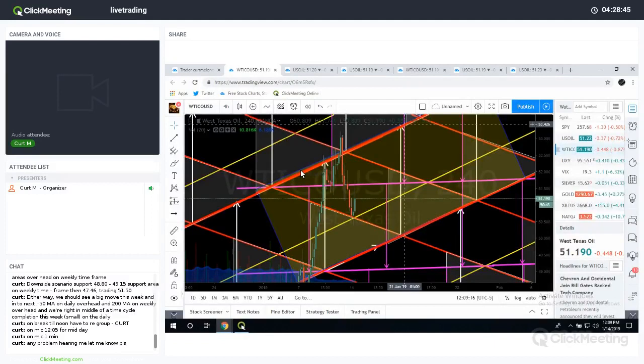This red line here would be your resistance. And this red line here would be your possible support in a reversal scenario. Let me explain that.